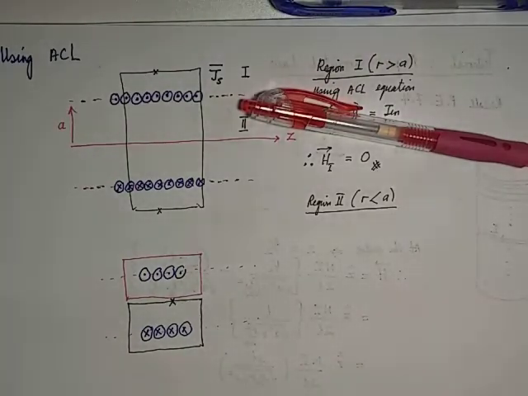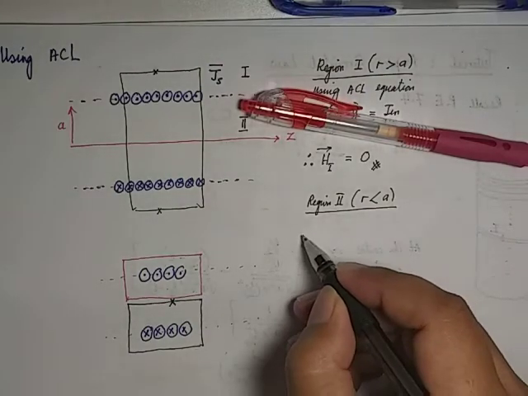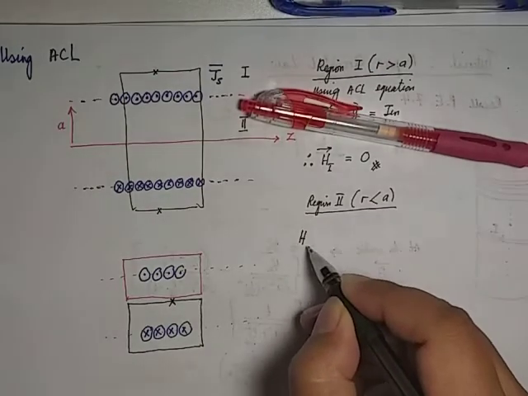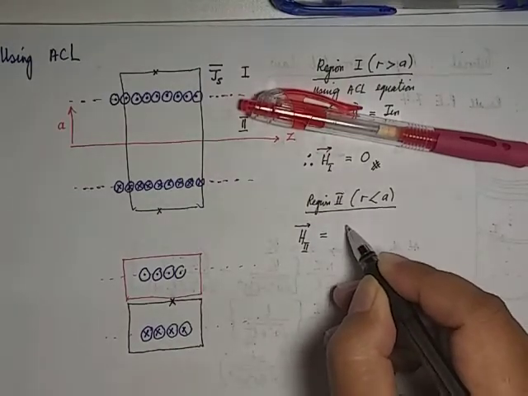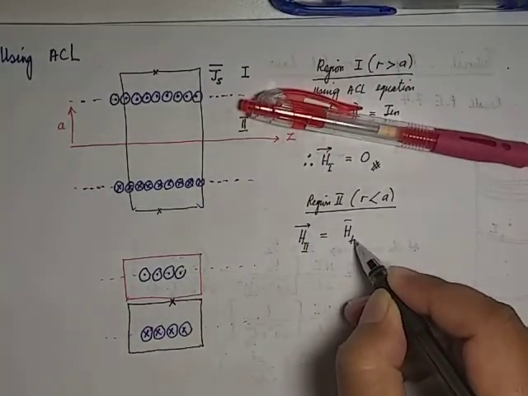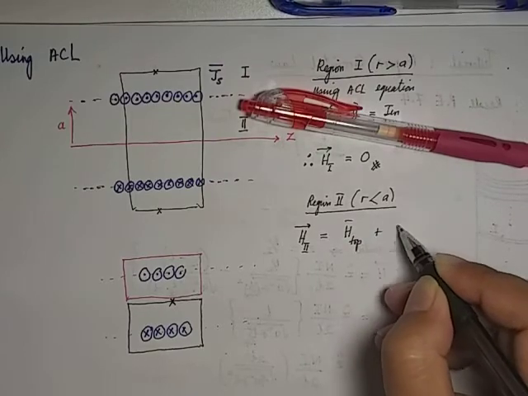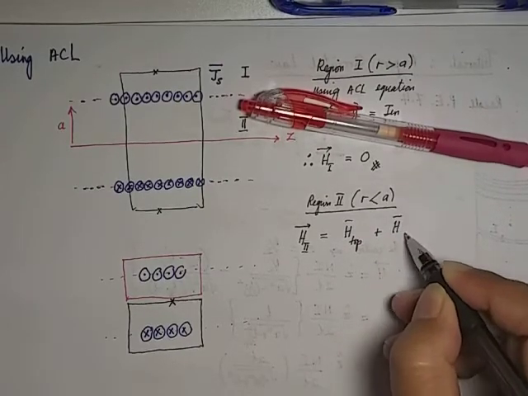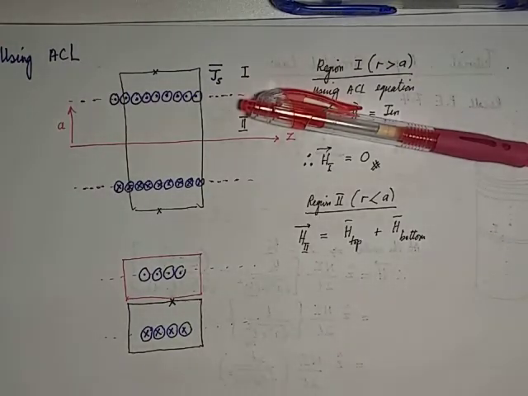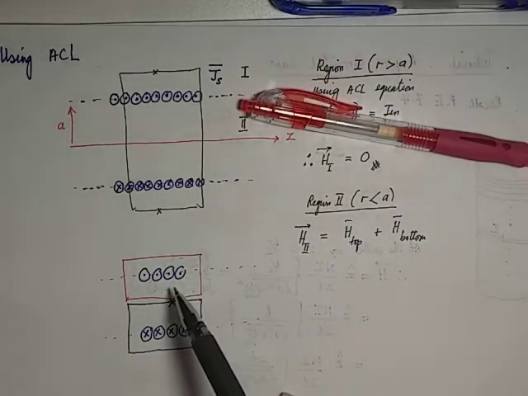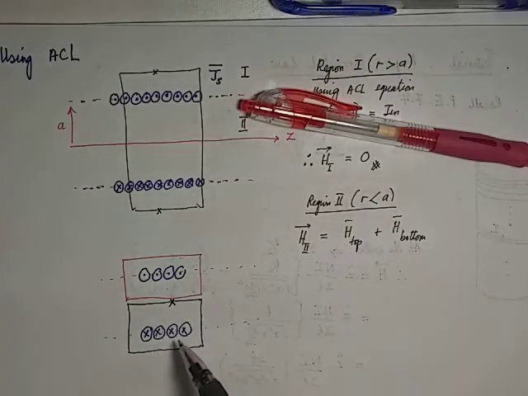This is the way we're going to define it, because the H in region number 2 should be defined as H contributed by the top loop plus H contributed by the bottom loop. We can see that at this point there are two fields: one coming from the upper current source, and the second contributed by the lower current source.